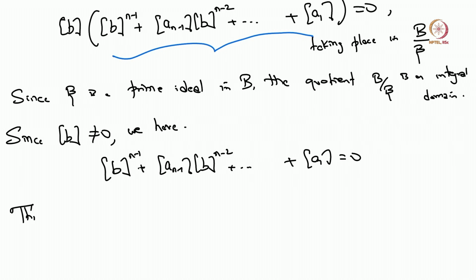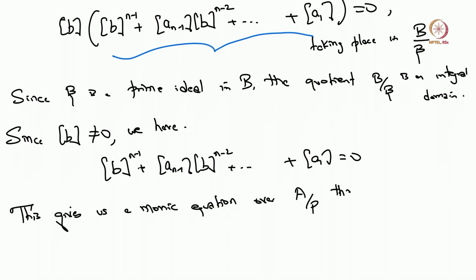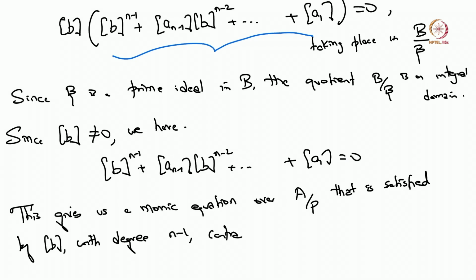But now observe that this gives us a monic equation over A mod P that's satisfied by bracket b. But this monic equation has degree n minus 1, and so this contradicts the minimality of n.